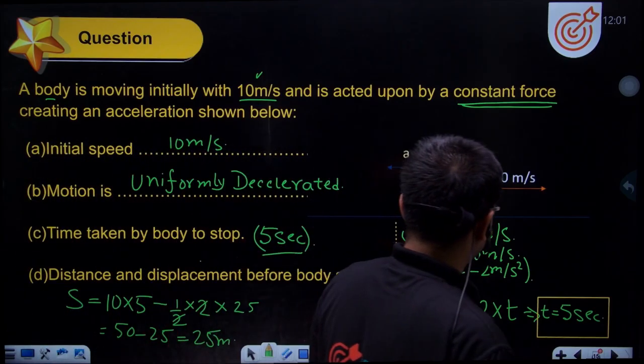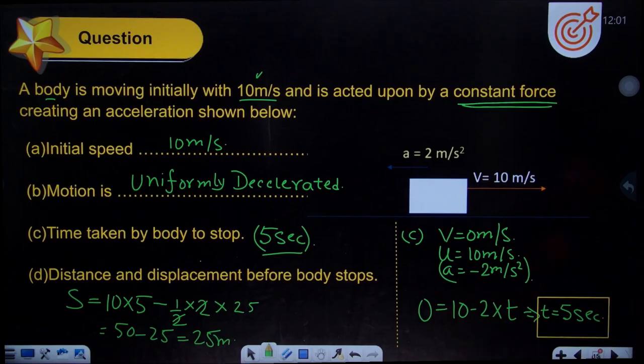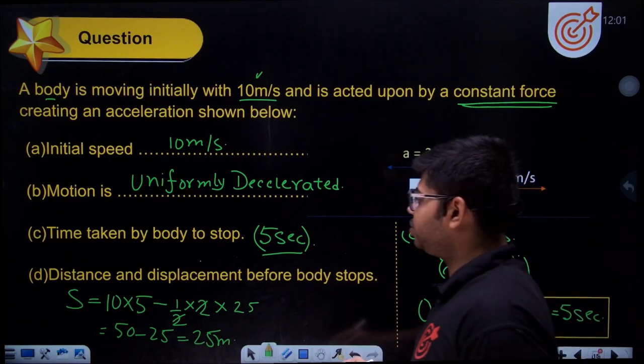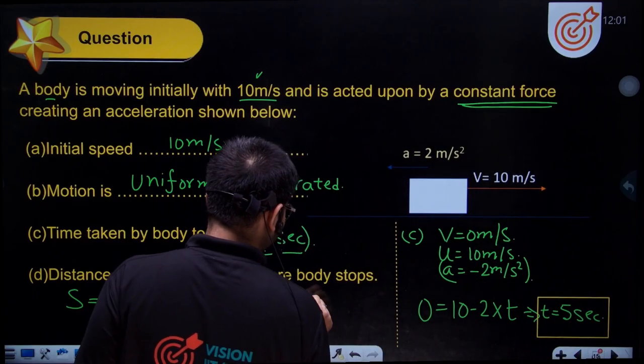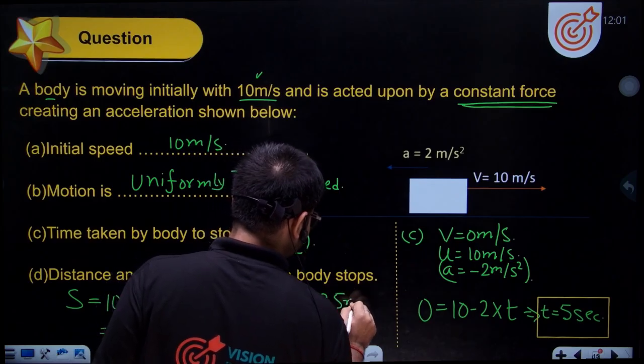Okay, so this is going to be your 25 meter.